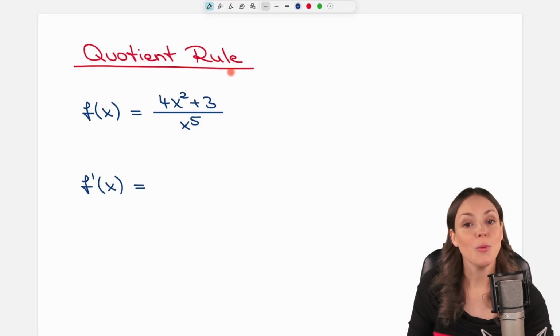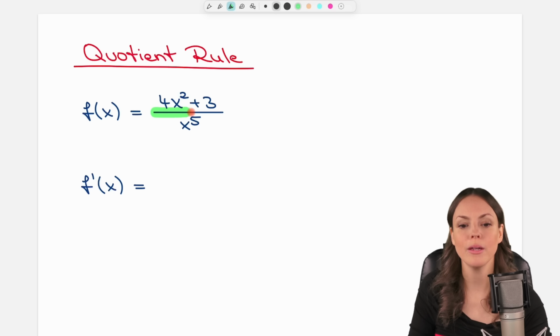And there is a quotient rule as well for fractions. So here it is the same. We have a big fraction. In the numerator, we have something with x, and in the denominator, we have something with x. And every time that is the case, you need the quotient rule to find the derivative.